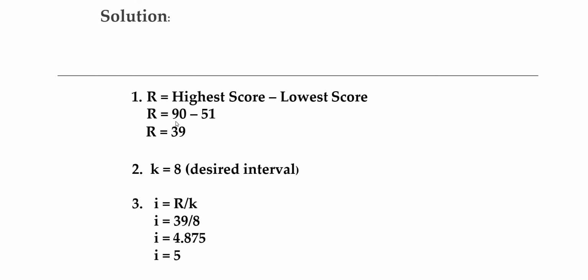Remember earlier that our range, highest score is 90 and the lowest score is 51. Right? So 90 minus 51, our range is 39.